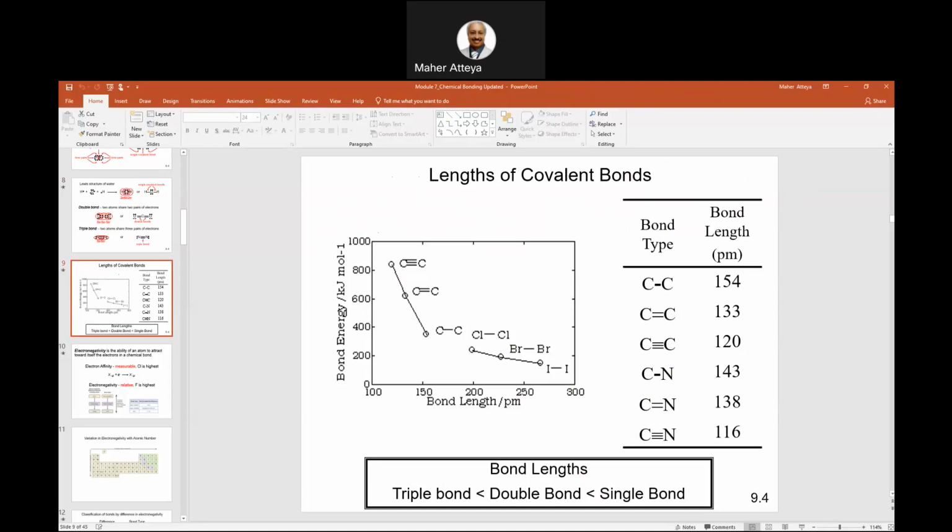The double bond, one is here, one here. Now they come a little bit closer. The triple bond, this distance between them. So which do we think will be very easy to break, the small one, the medium one, or the longer one? The longer one will be easy to break, correct?